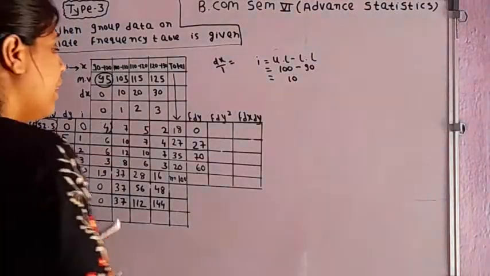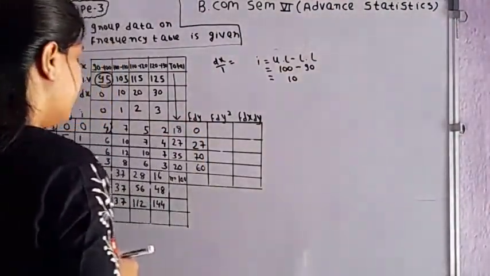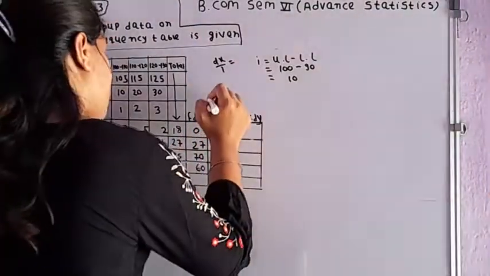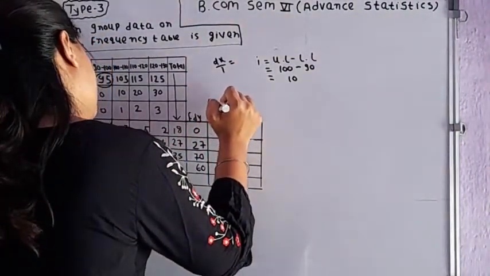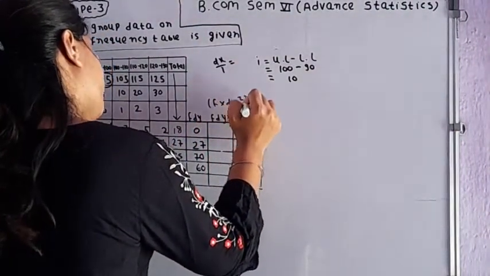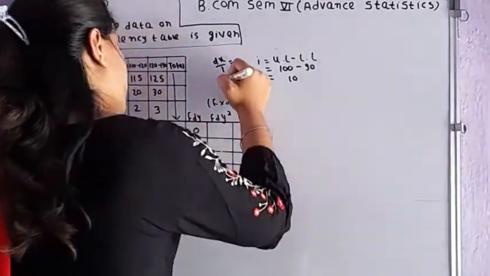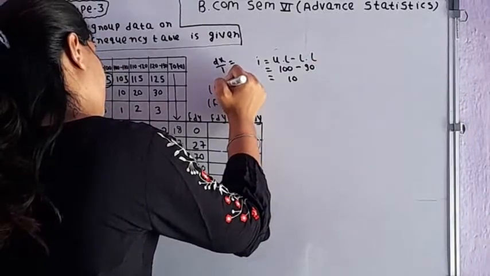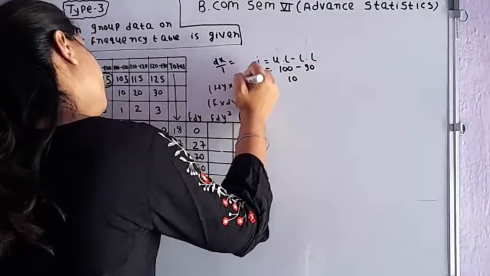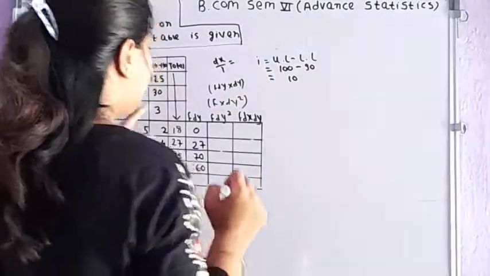Then fdy square. It means f into dy square. So we cannot directly put the square of fdy column in this. For this we are going to calculate fdy into dy, so that we can get fdy square.